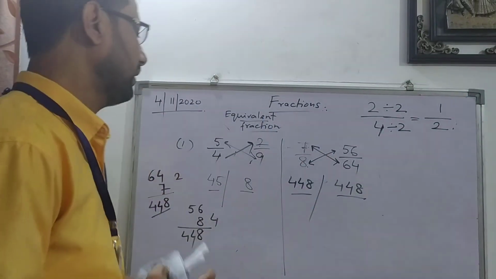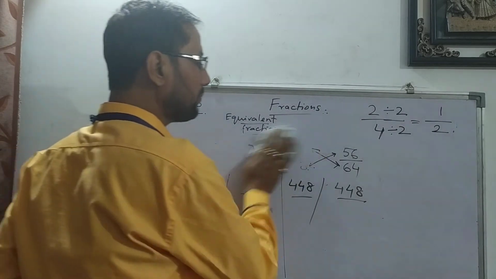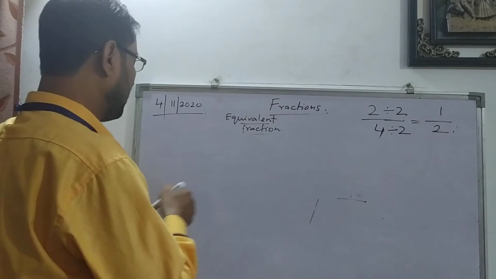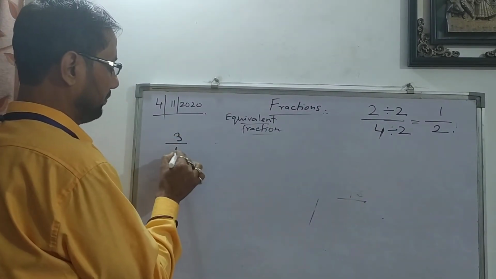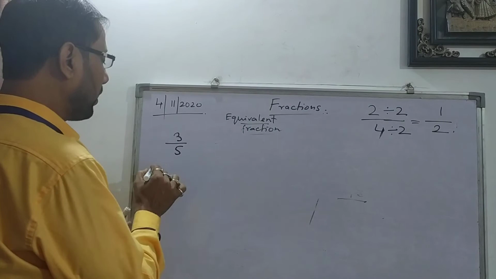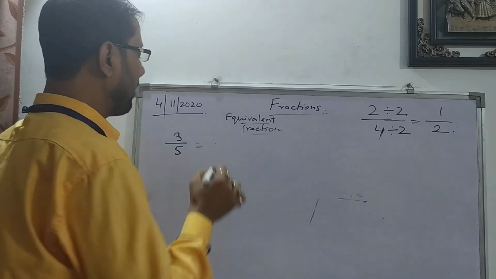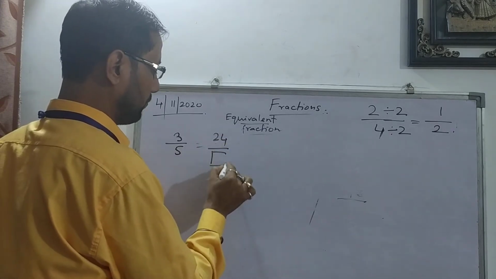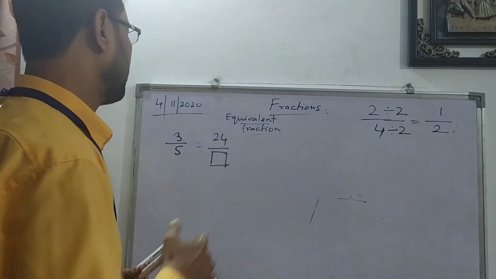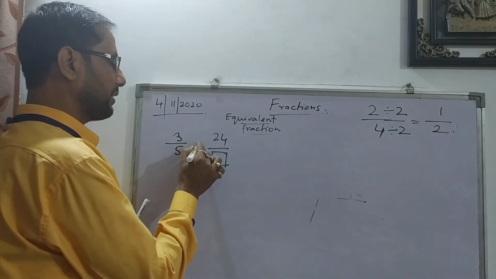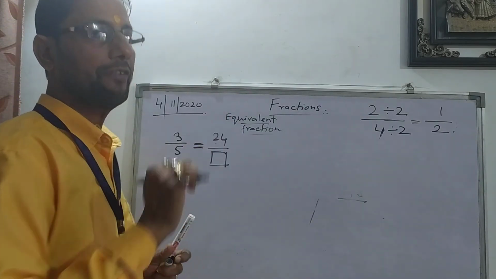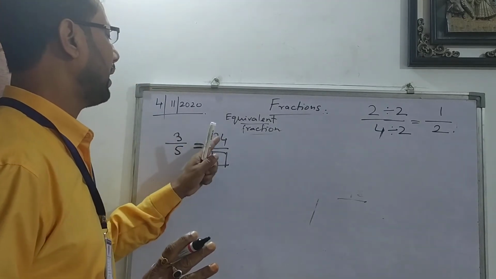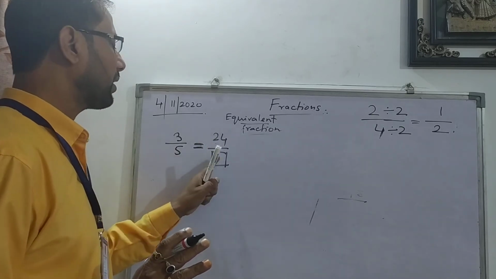Now, students, let me discuss one question. Suppose 3 by 5 is the fraction given, and it is equal to 24 by a blank box. Both have the equal sign, so they are equivalent fractions. If 24 is here, what number will I put here?